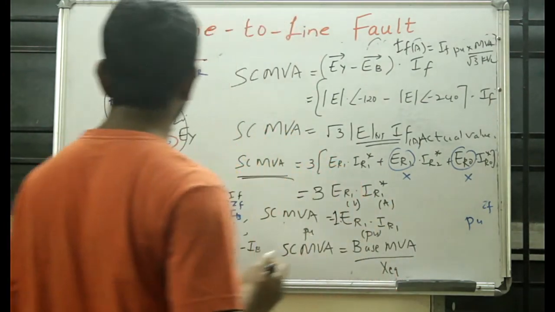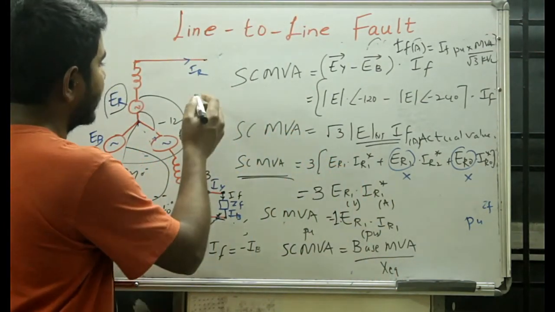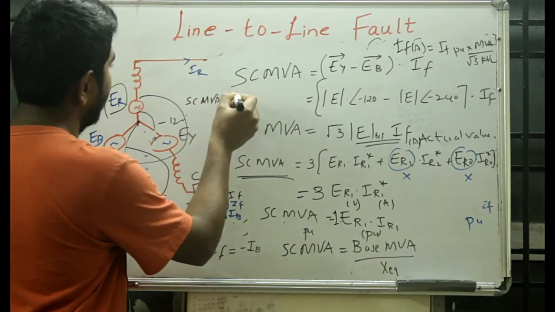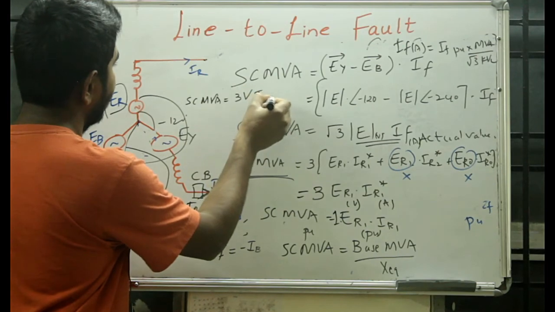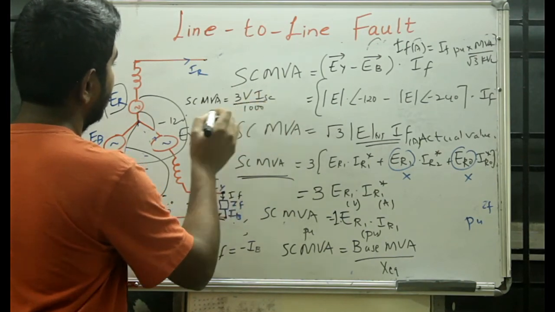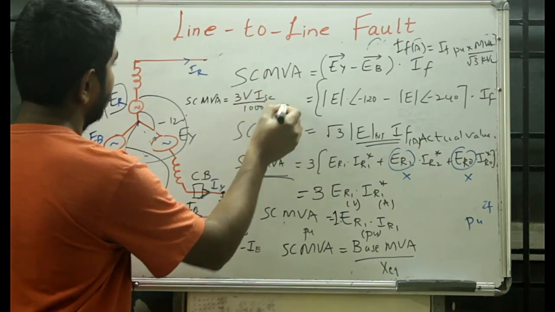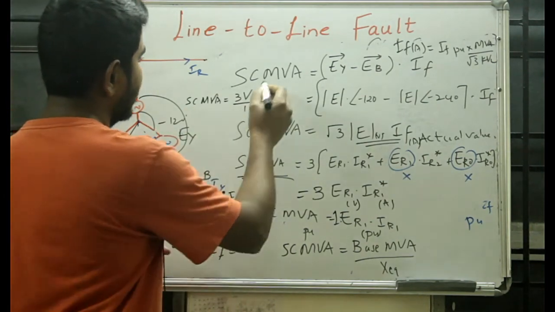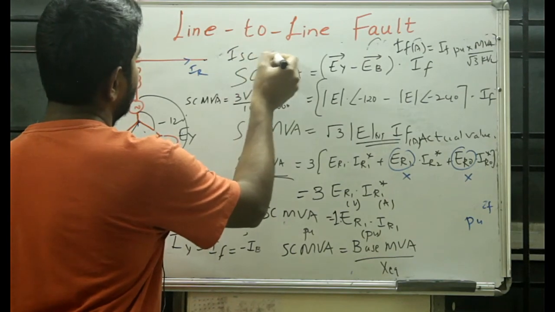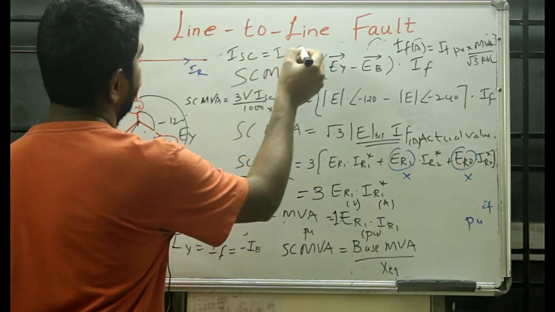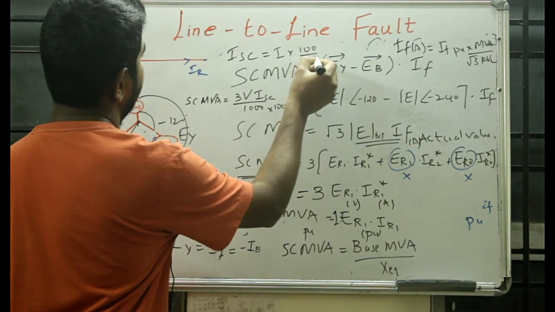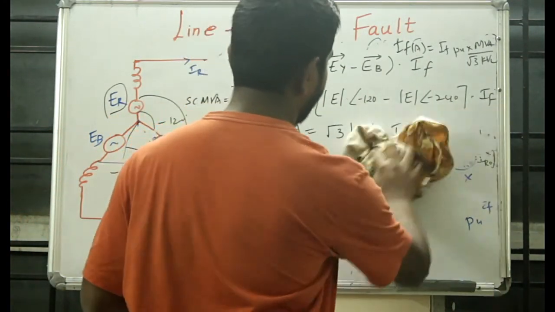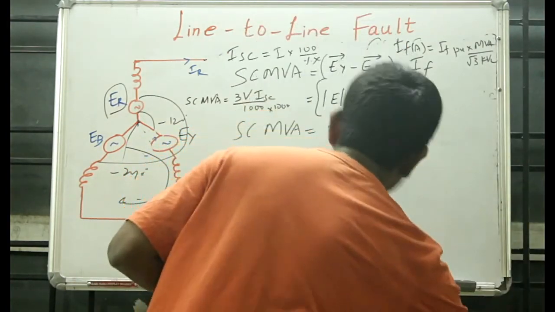In the symmetrical circuit, the short circuit MVA will be nothing but 3 times V into ISC by 1000 into 1000. This is short circuit MVA. Now this ISC will be nothing but I into 100 by percentage X. Let me write it clearly here.